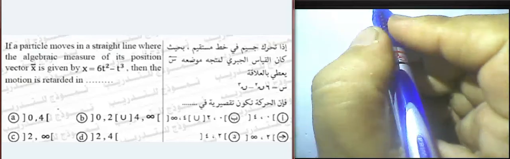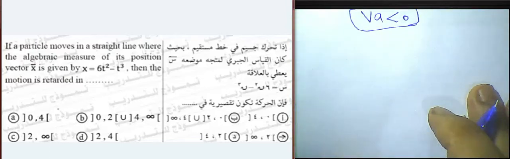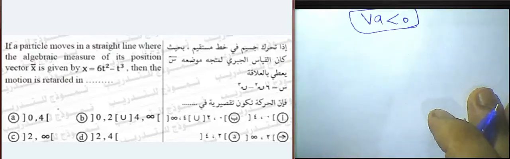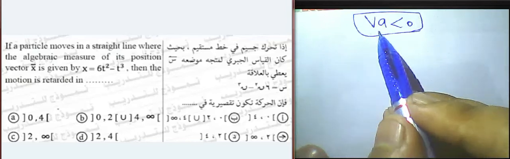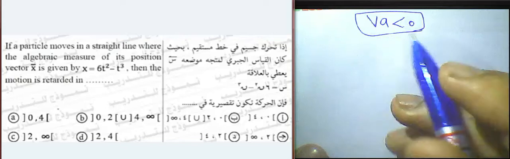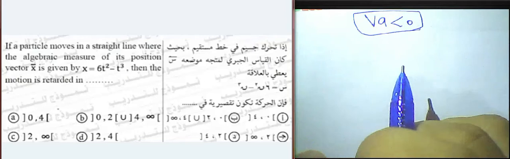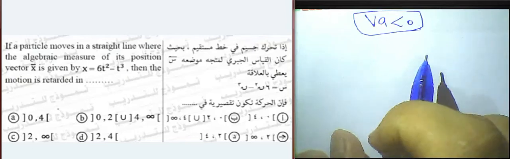The motion retarded means v multiplied by a is less than 0. So we must find the velocity and the acceleration and the multiplication of them, solve the equation, draw the number line, and find the interval of the solution.